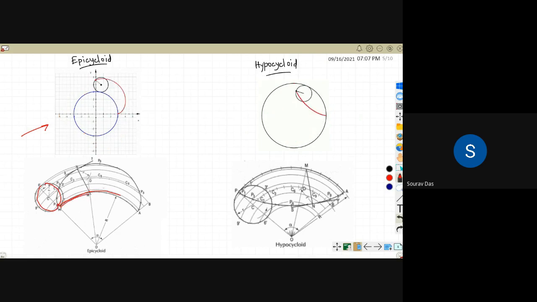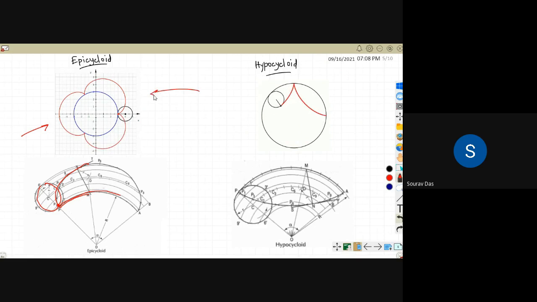The locus made by the point on the circumference of the generating circle because of the rolling is known as epicycloid. And when the generating circle is inside the outer circle, in that case it is known as hypocycloid.